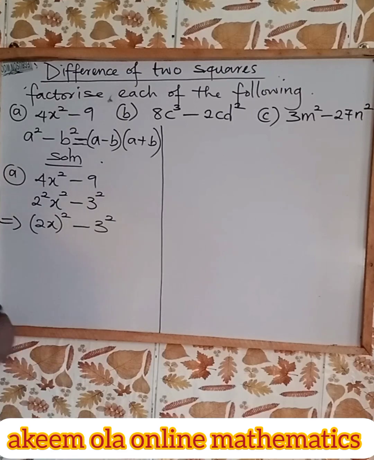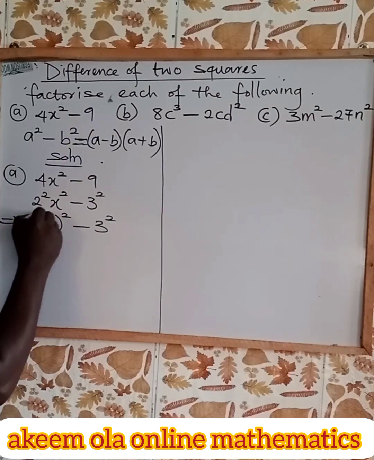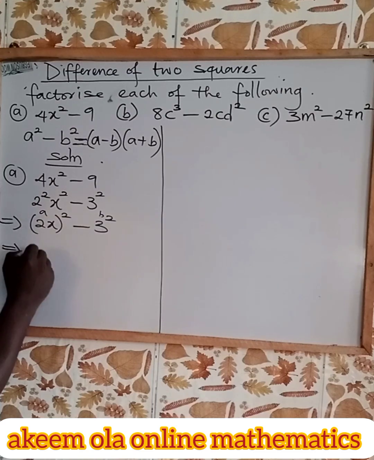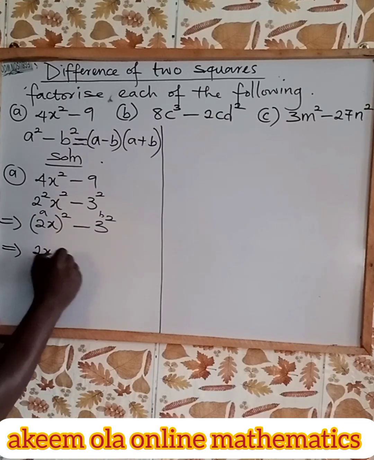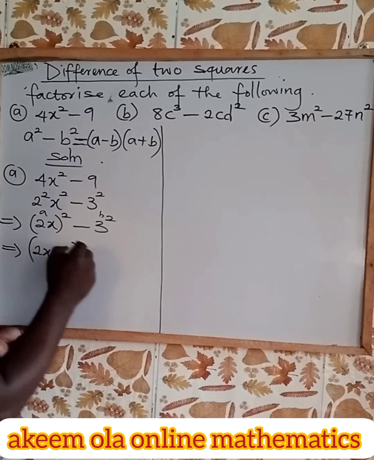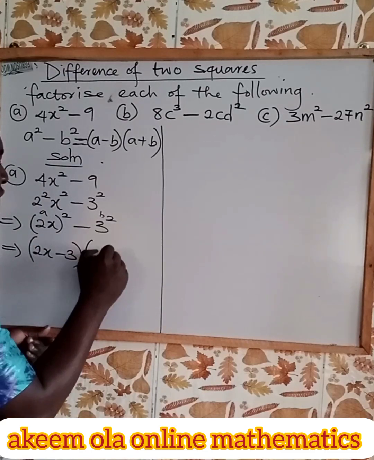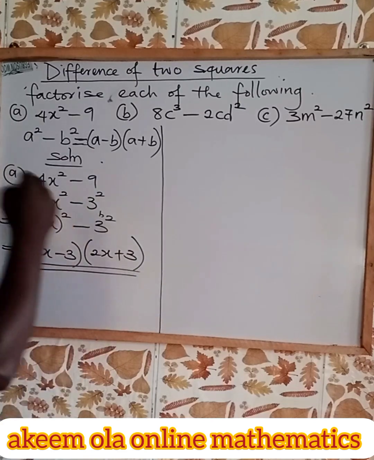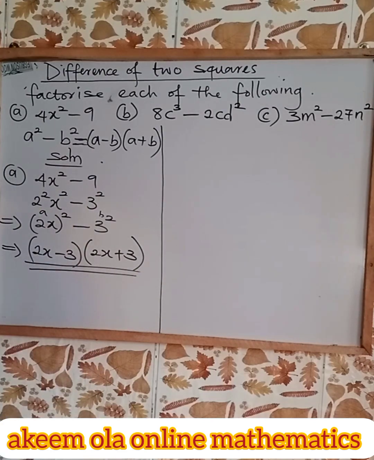The first one is our a and this is our b. That means for the answer, we have 2x minus 3 for the first bracket, and the second one will be 2x plus 3. That is the solution to the first one.